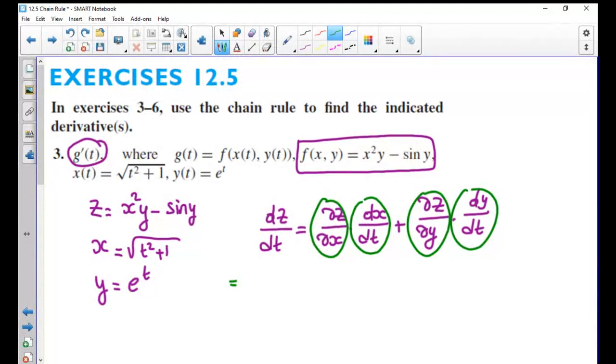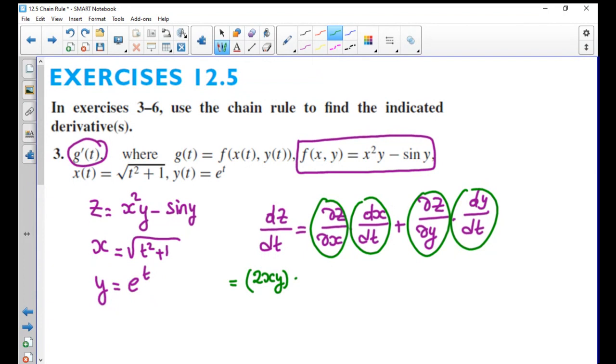Okay, then good. So let's do this. So what is dz over dx? Two xy, yeah, that's it. There's nothing else. Two xy, multiplied by dx over dt.